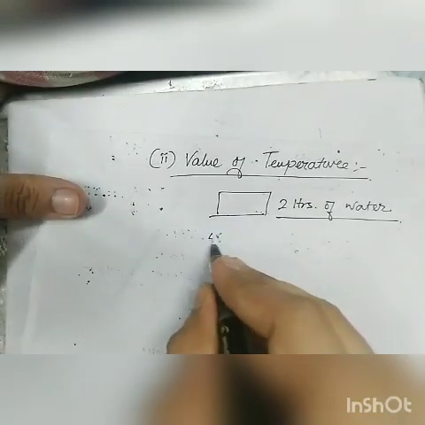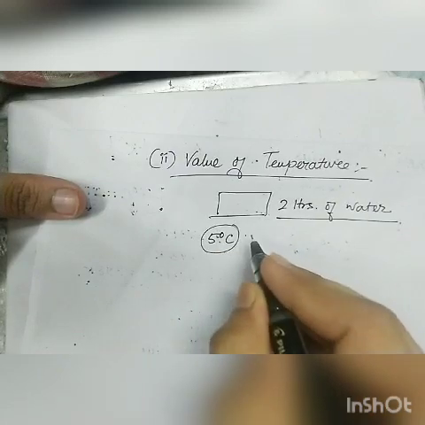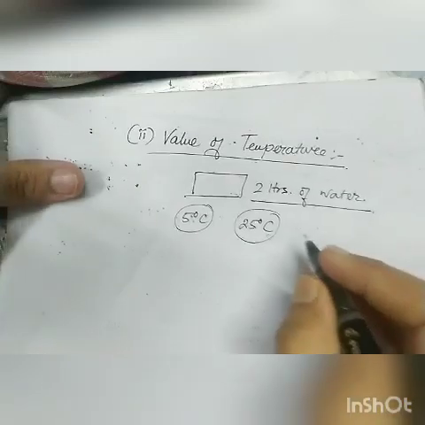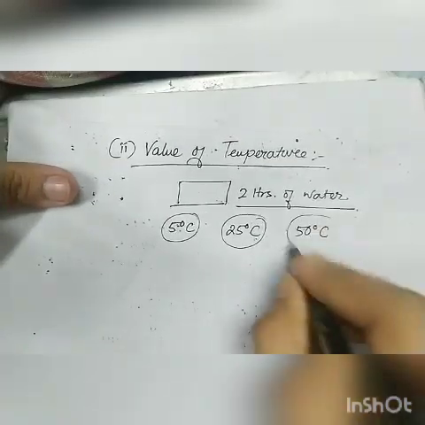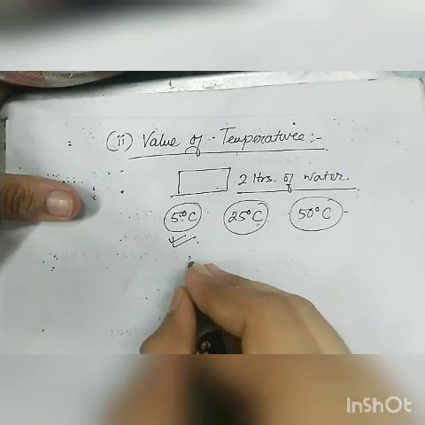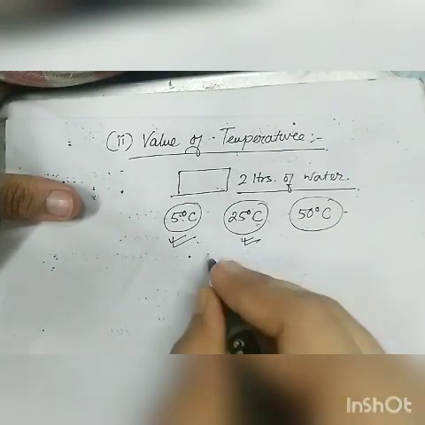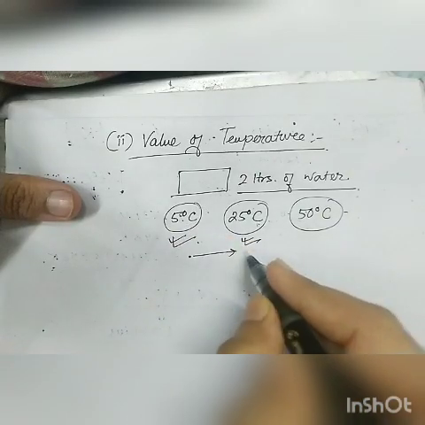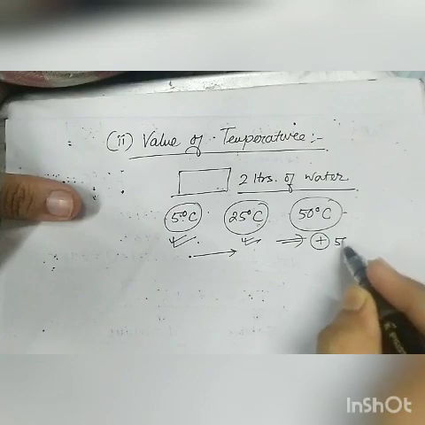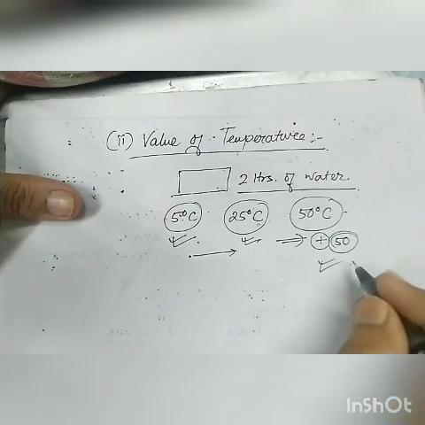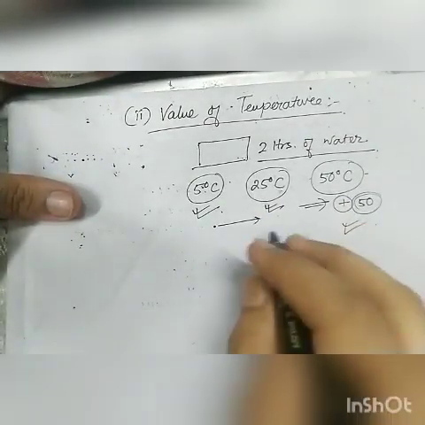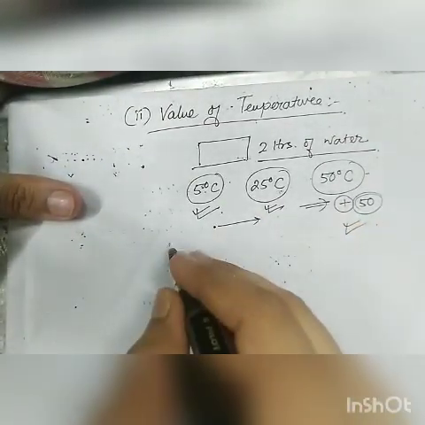You first decide to increase the temperature by 5 degrees centigrade, in the next case 25 degrees centigrade, and in the next case 50 degrees centigrade. For 5 degrees centigrade, you need some amount of heat. For 25, the heat required is more than for 5. And for increasing by 50 degrees centigrade, we will require much more heat. It's common sense that if I want to increase the temperature by a greater value, I will require a greater amount of heat.